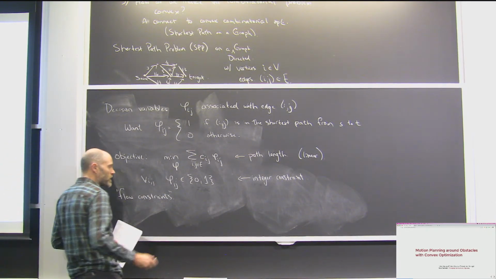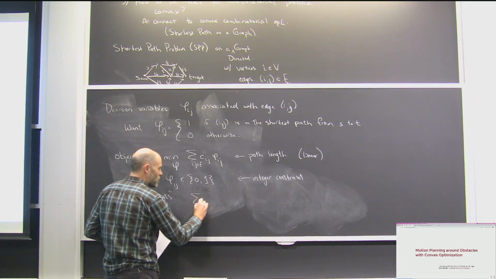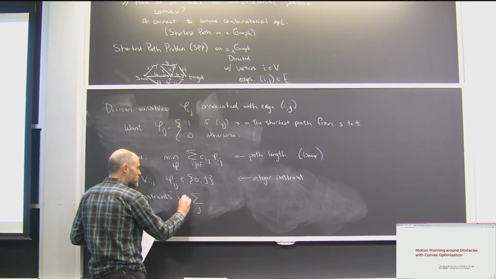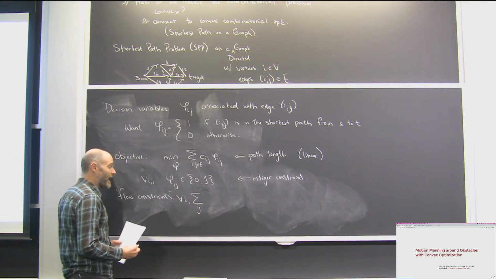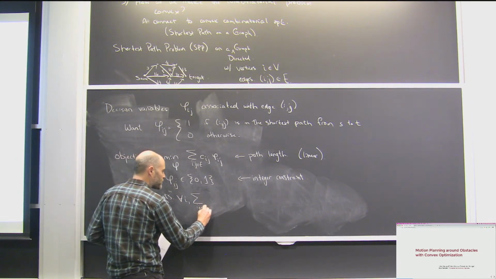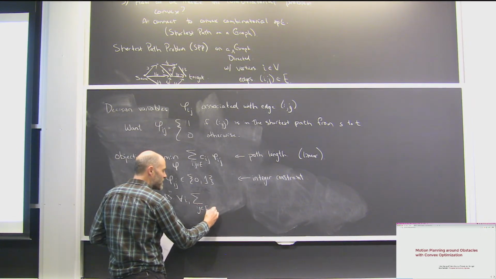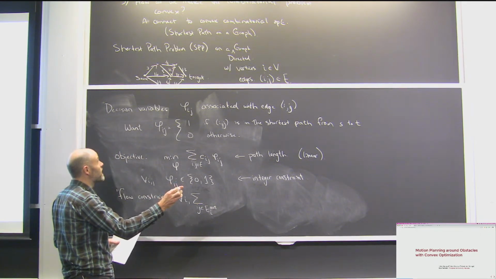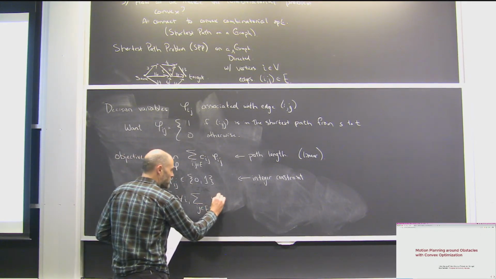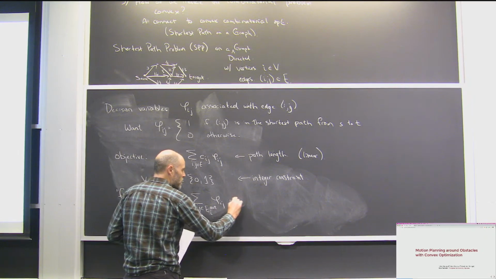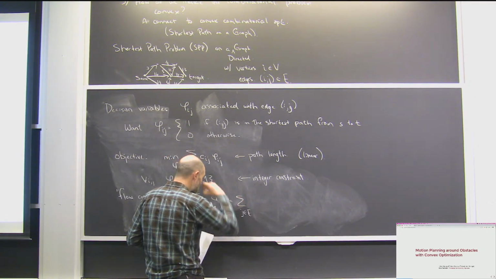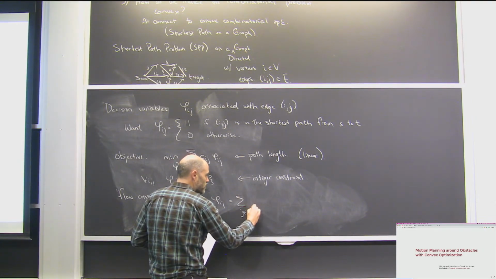And the flow constraints look like this. What I'm going to say is that for all vertices i, if I sum over the edges coming out of that node, all of the phis, it better equal the sum of all the binaries of the edges coming in to that node.